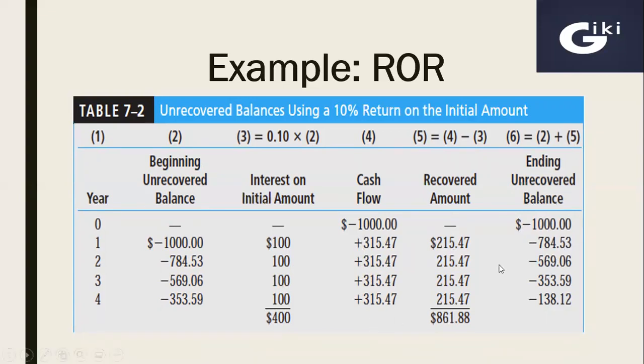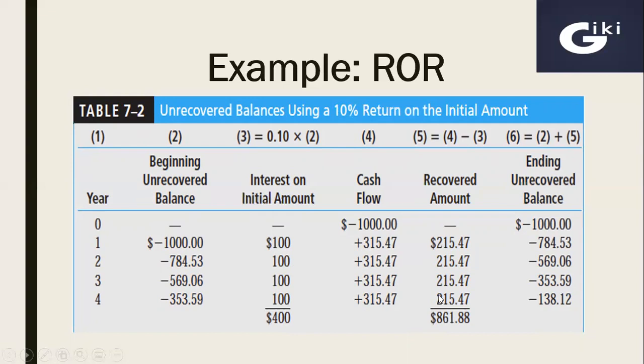This amount minus 215.47 will equal 353.59, and this amount 353.59 minus 215.47, the remaining will be 138.12. Now, if we calculate the interest amount throughout the years, this is $400, and the recovered amount, 215.47 each time period multiplied by 4, will be equal to 861.88. And the unrecovered balance here is 138.12.